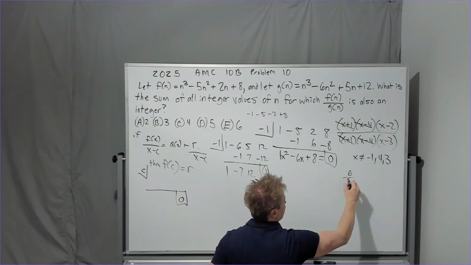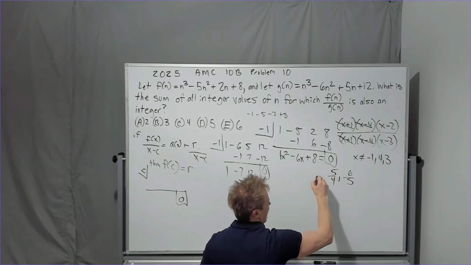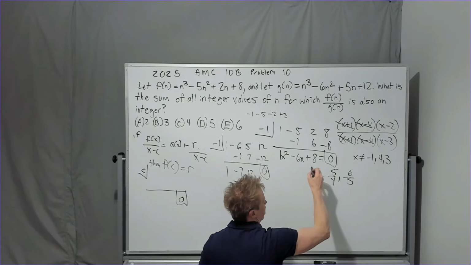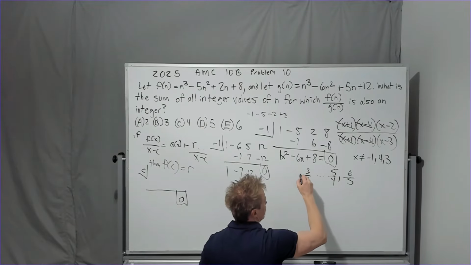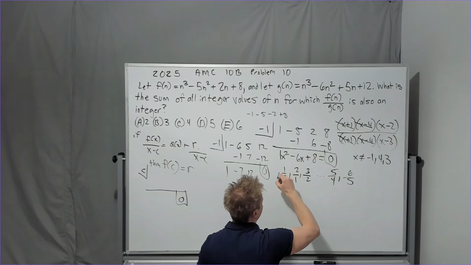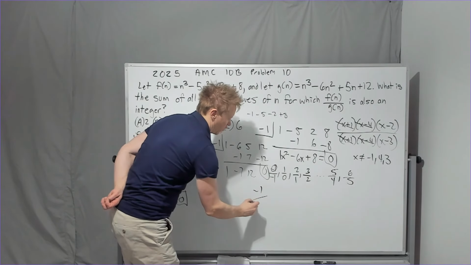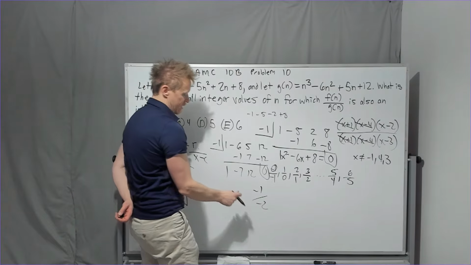So if you write 6/5 not an integer, 5/4 not an integer, how long is this going to go? How about if we get down to 3 over 2? No. 2 over 1? Good. How about 1 over 0, undefined, -1, no, 0 over -1, and then you're going to have -1 over -2, and so on.